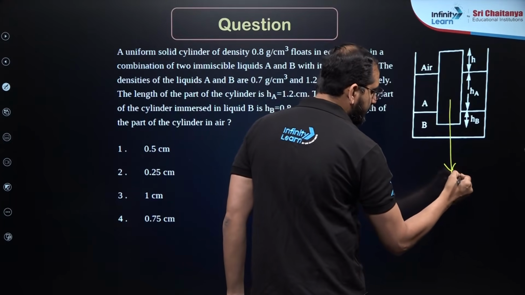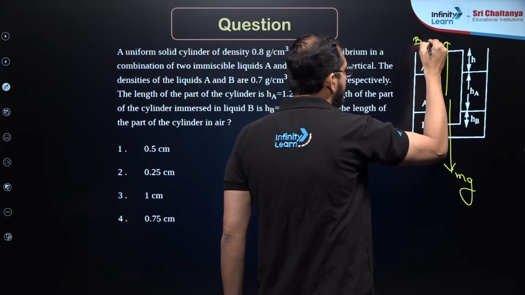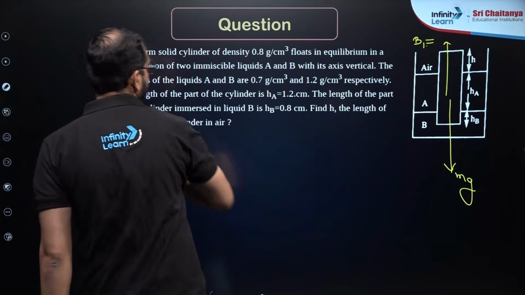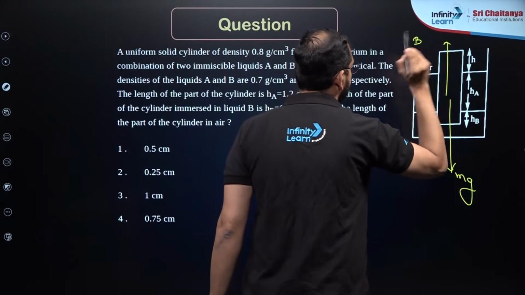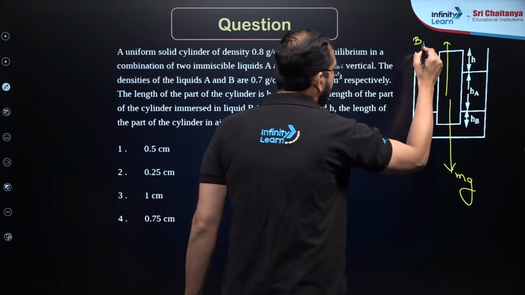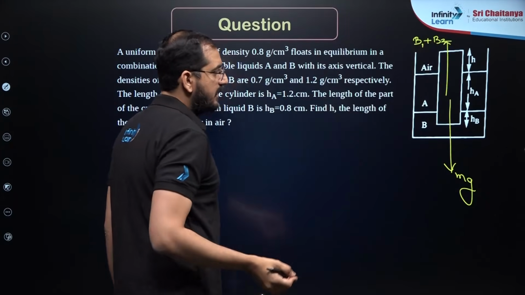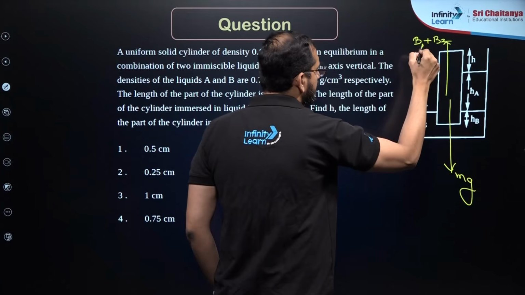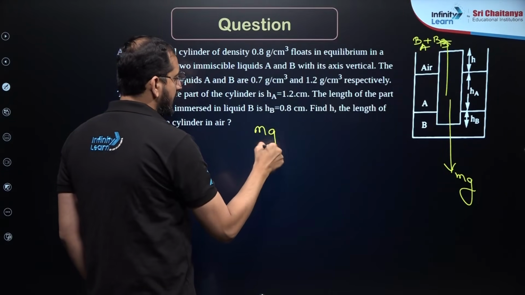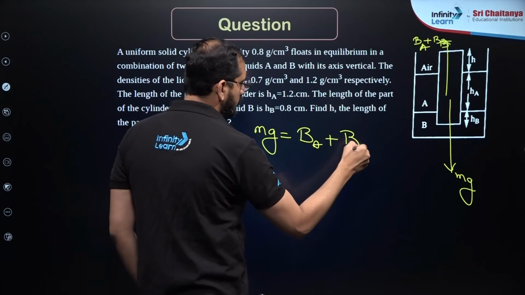Basically, mg is acting in the downward direction, whereas the buoyant force B1 and the buoyant force B2, they both are acting in the upward direction. Or let's write down BA and BB, okay, due to A and due to B. So mg should be equal to buoyant force due to A and the buoyant force due to B, right?